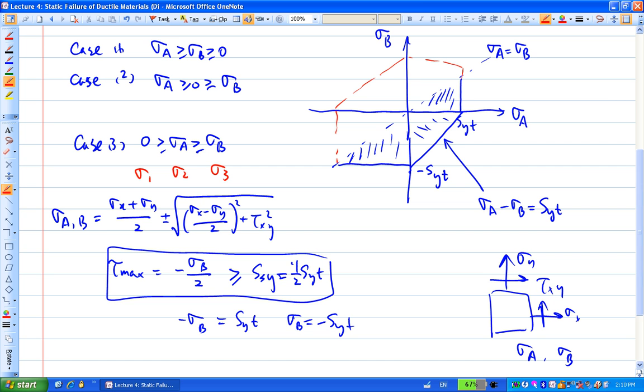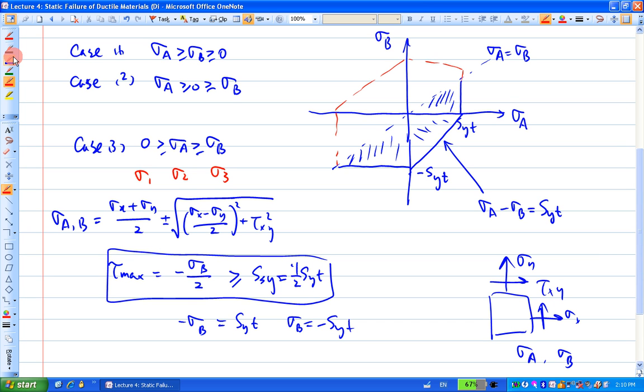Now I just want to make one point here. Let's look at a special load line based on this graph. In this quadrant, there is a special case called pure shear.